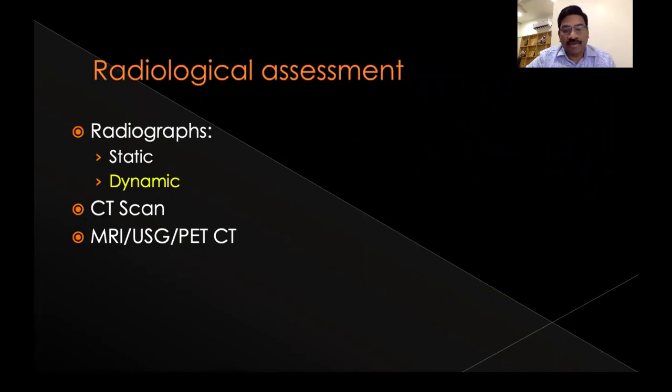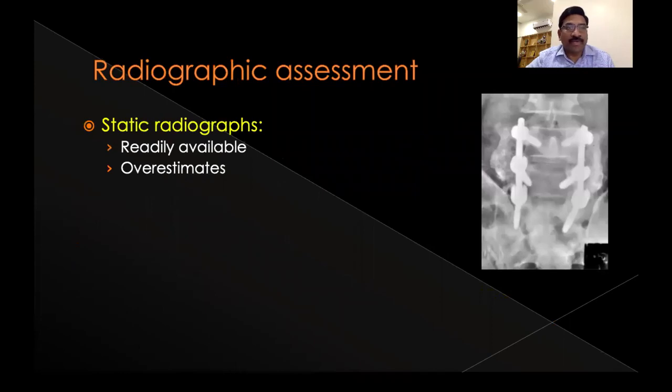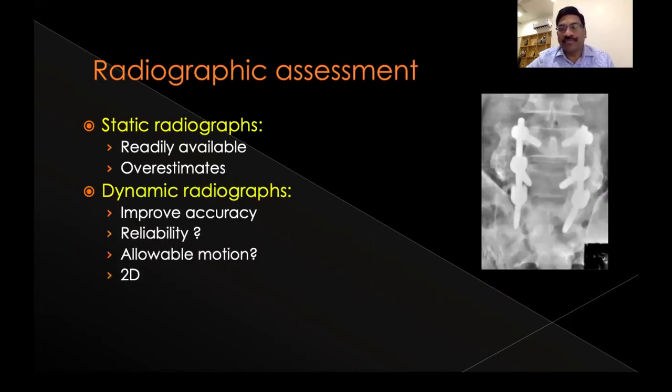The mainstay of radiological assessment of fusion is by plain radiographs, either static or dynamic, CT scan, and now the MRI, ultrasound, and PET-CT are also being used to assess this. The radiographic assessment by static radiographs is primary because they are readily available, but they tend to overestimate the non-unions, failure of the fusion, because the incorporation of the graft cannot be seen early in the disease.